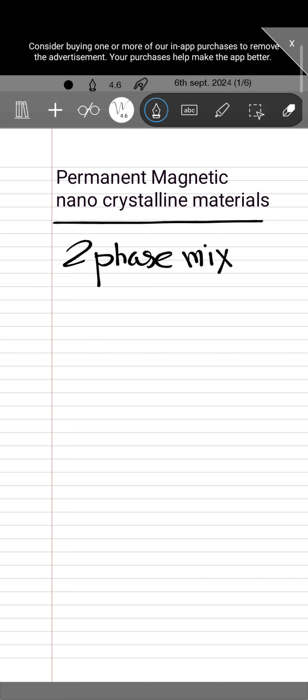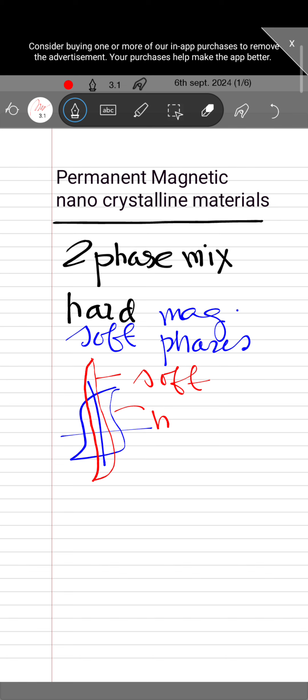This is for the soft, and this one stands for the hard magnet.